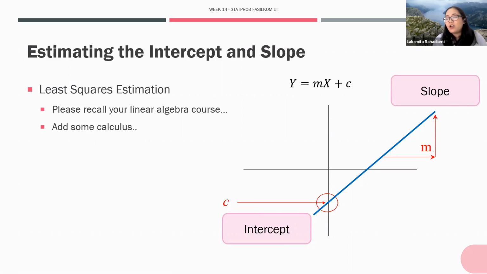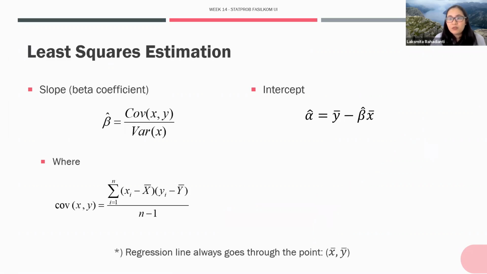You must have encountered various ways where you can compute it. Please recall your linear algebra course, and you can also add some calculus in there. I'm very sure that you have covered this in your previous courses. But what you haven't covered is how to compute them using our statistical terms.